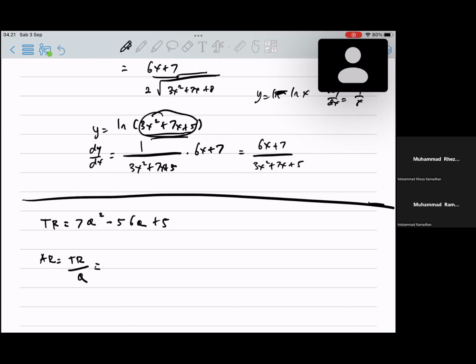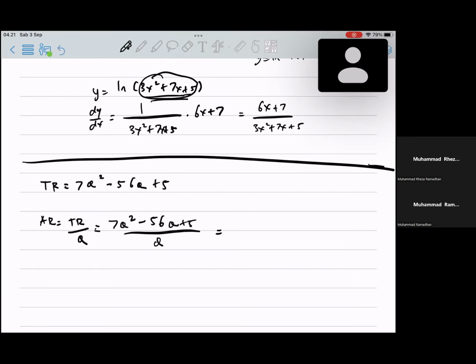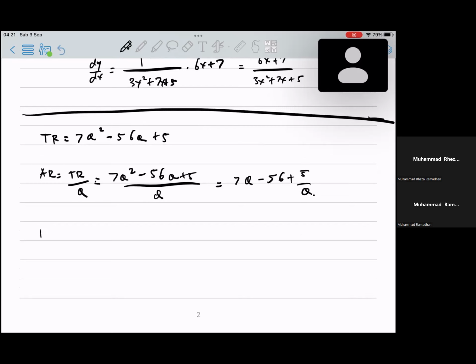So AR is 7Q squared minus 56Q plus 5 over Q. So the result is 7Q minus 56 plus 5 over Q. But if you are asked about marginal revenue, it is the first derivative of the total revenue function.